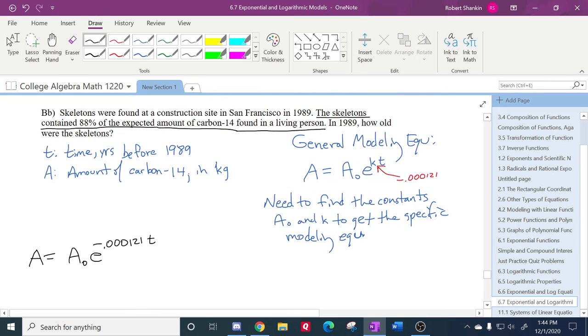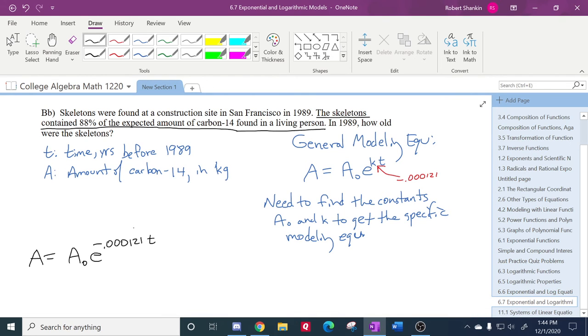So what do we put into this equation having to do with this 88%? Where does that go into this equation right here? That's the question I'm going to give for each of the groups.